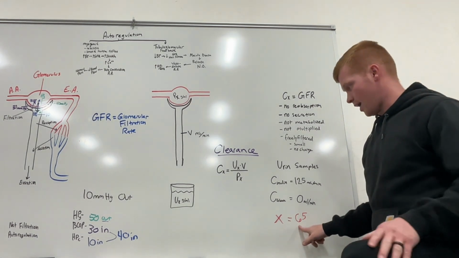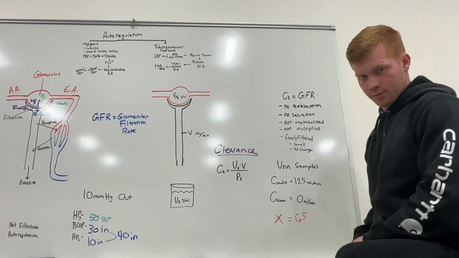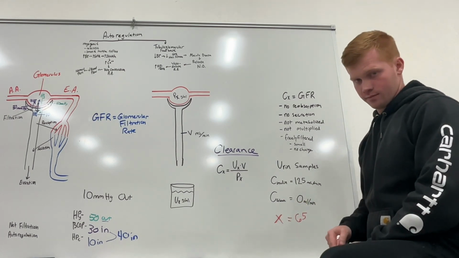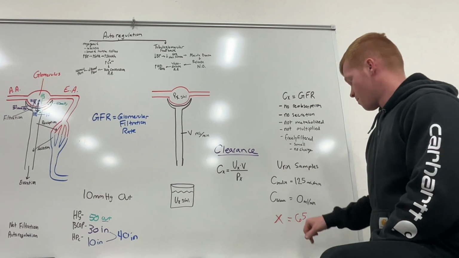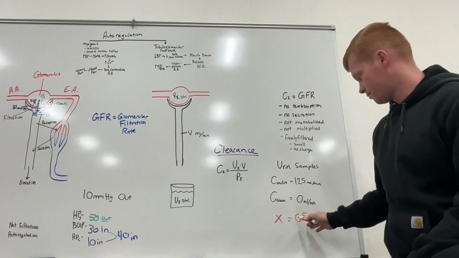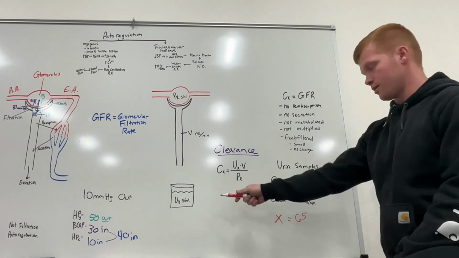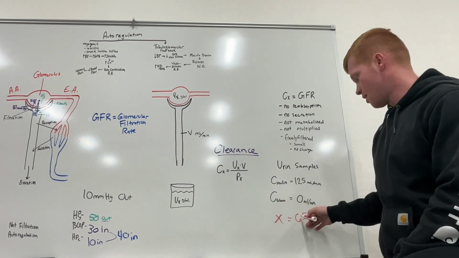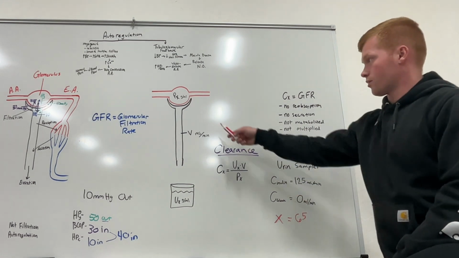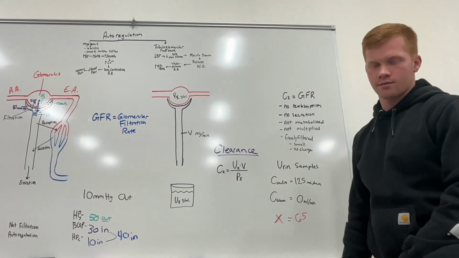That means 65 milliliters per minute was cleared from the plasma. That means the other, let's just say 100. Say we put in 100, 65 of it got cleared, got put in the cup, cleared from the plasma. That means 35 of it got reabsorbed into the blood.